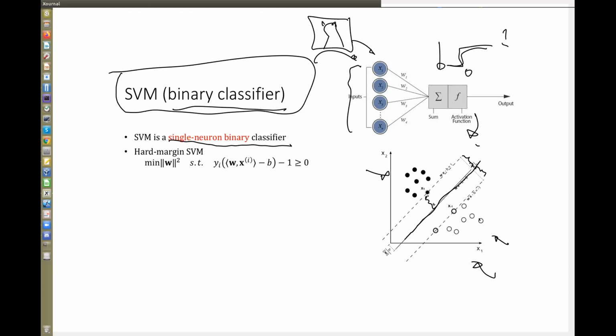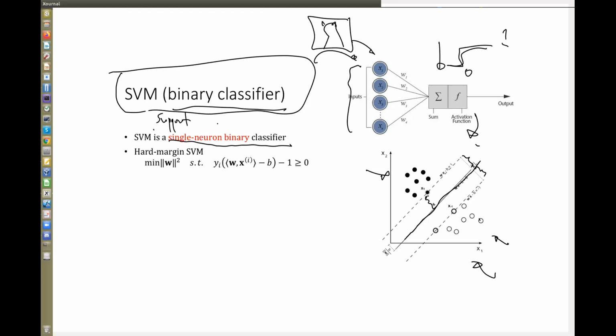The boundary with the widest margin will be the best model here. This is the basic idea of SVM. And by the way, why do we call it SVM, support vector machine?